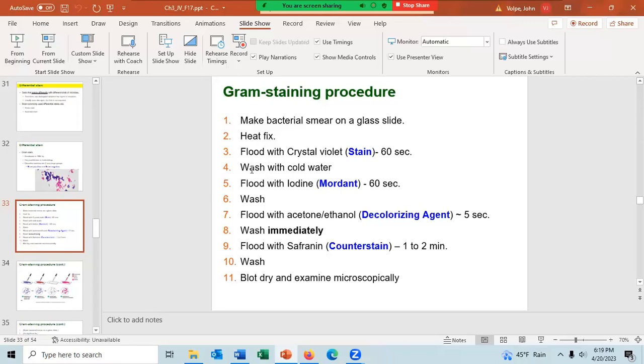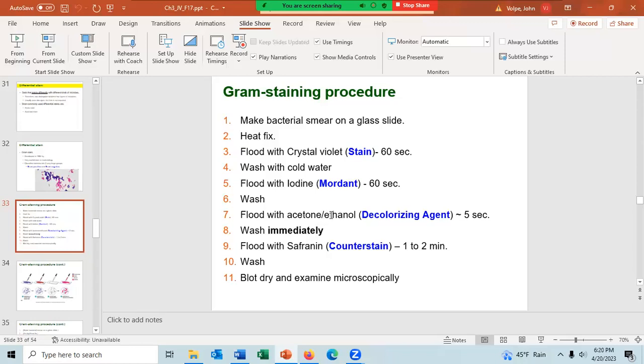You then shake off the worst of the water, and flood the slide with iodine. Iodine is a mordant. You apply it for 1 minute. You then wash off the iodine with cold water. You then rinse the slide with the decolorizing agent, usually acetone and ethanol, although there are other decolorizing agents.